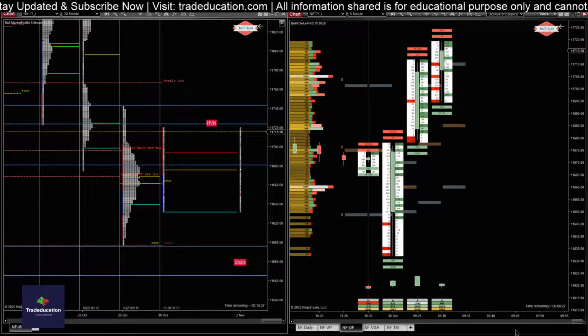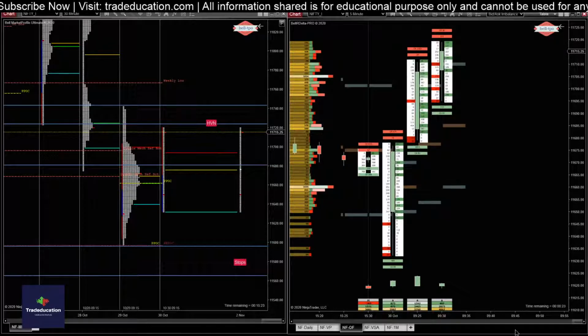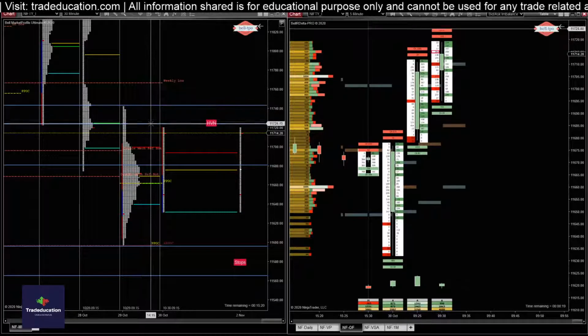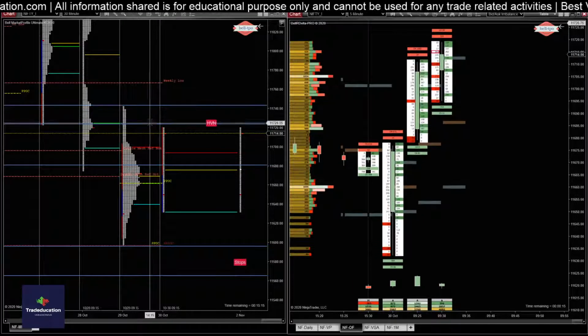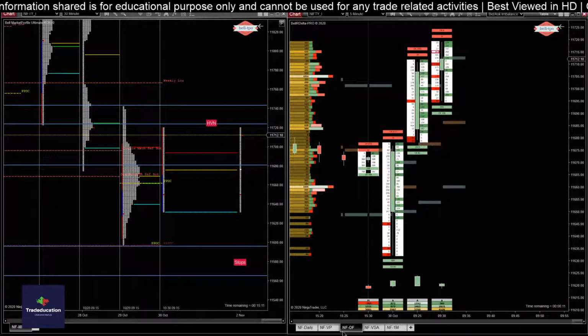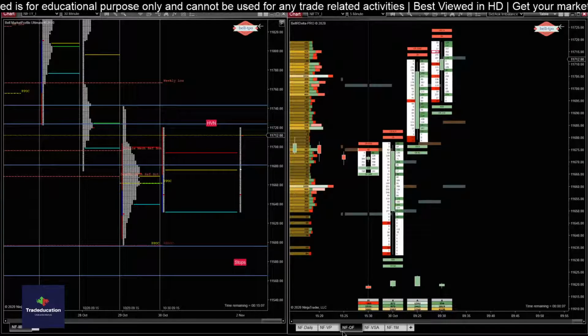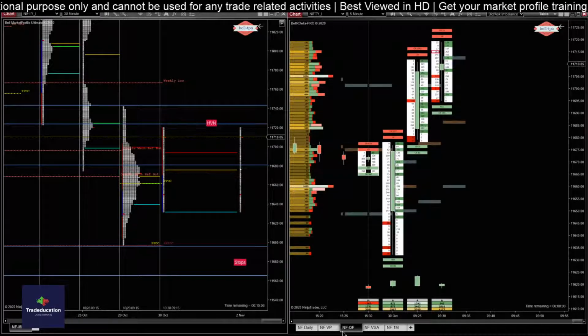So expect the HVN to be tagged and the high of yesterday to be tagged. So these two levels. So currently the second trade which I shared, it should be active. And these are the targets. So if you are in profit or in loss, up to you.